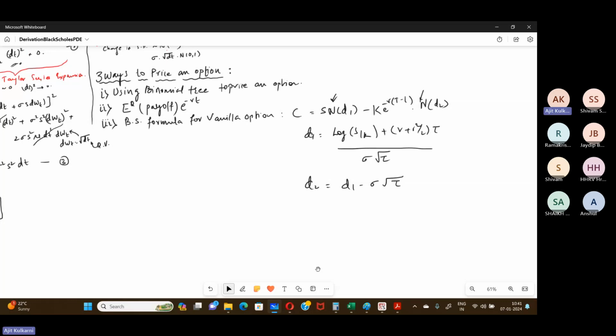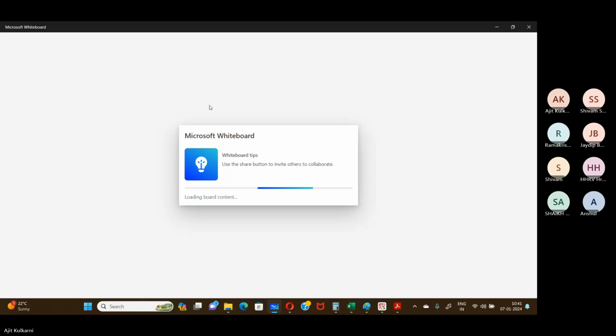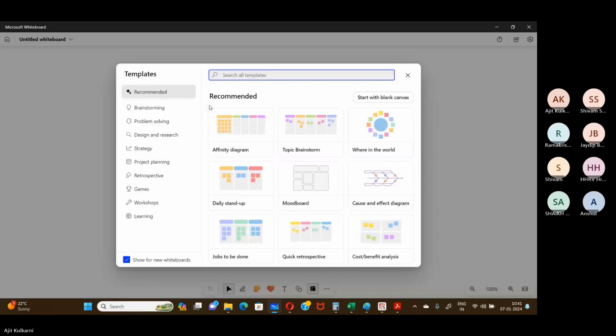Yeah, we need to see exotic options. So let us rename this, this is week 3, and let us go to exotic options.